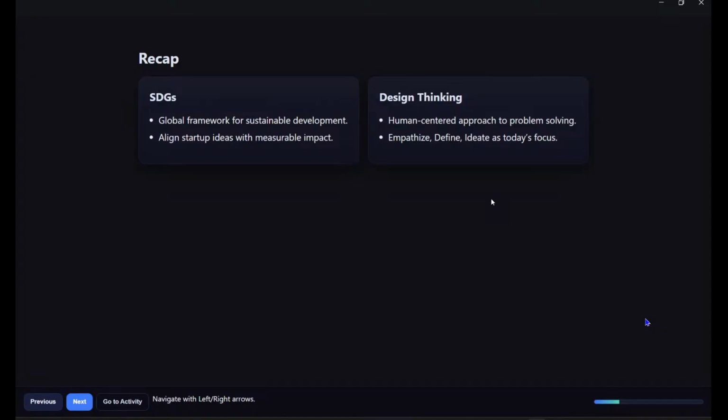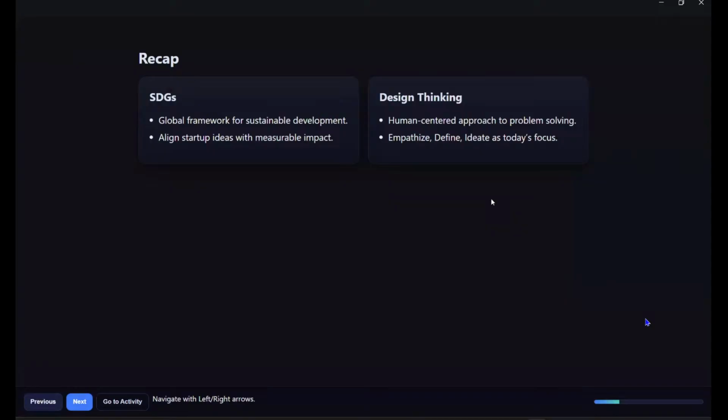And with these SDGs, we are trying to align startup ideas with measurable impact. Measurable is a very good word that we are using here. We can speak a lot of things, like, I have got a startup which solves the plastic problem.